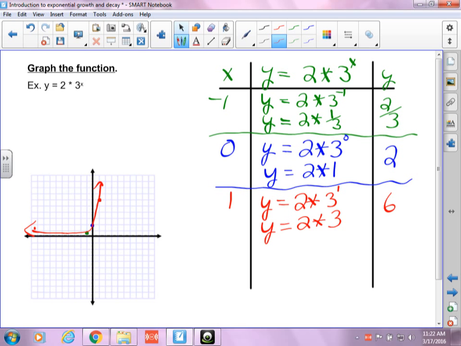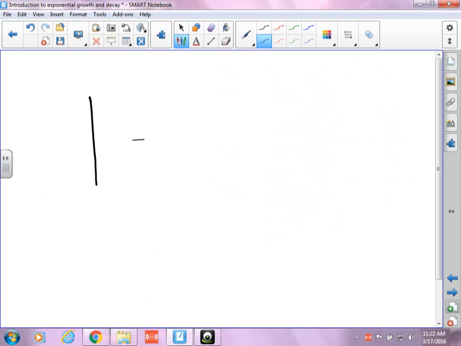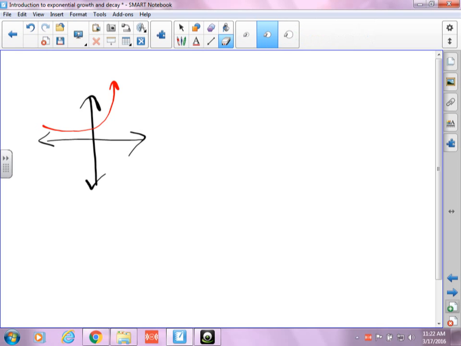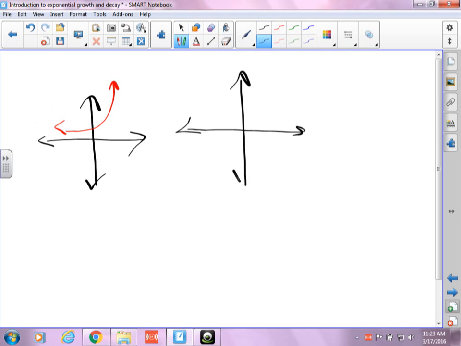So this is some graphs that you're going to see. So let's say you have the x and y axis like this. You're going to see some graphs like today that are going to go like this. It doesn't scoop up quite that much. You're going to see a graph that looks like this.